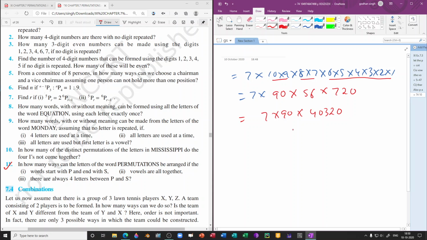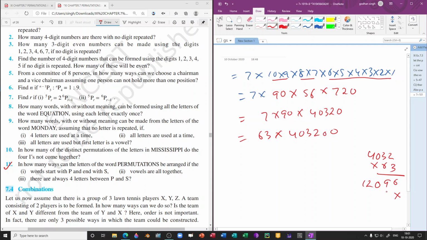And 7 into 9 is 63. So 63 into 4032, and this 0 we can take here, 0 0. So let us multiply 4032 with 63. 3 into 2 is 6, 3 into 3 is 9, 3 into 0 is 0, 3 into 4 is 12.